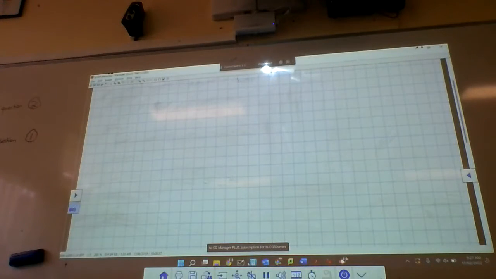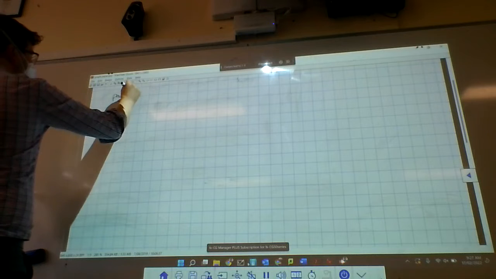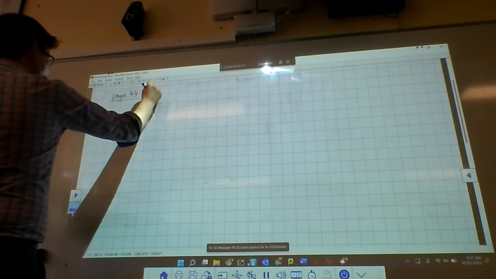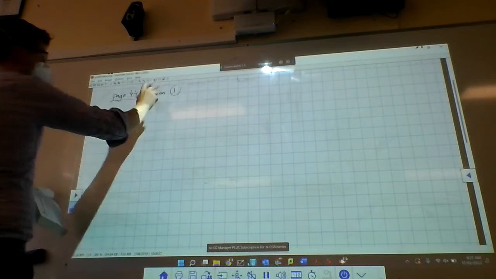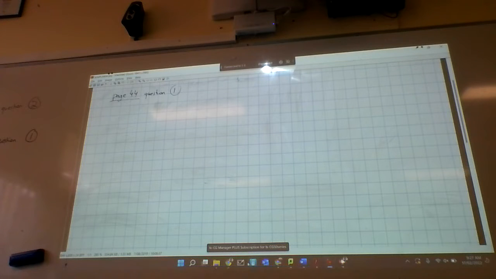Alright, here we go. We've got fertilizers X and Y. Can you read out for us the information? Page 44, question 1. Fertilizers X and Y contain ingredients A, B, and C in quantities shown in the table in units per kilogram.